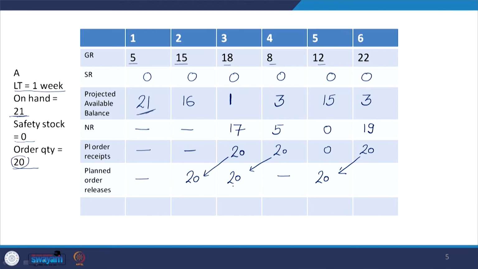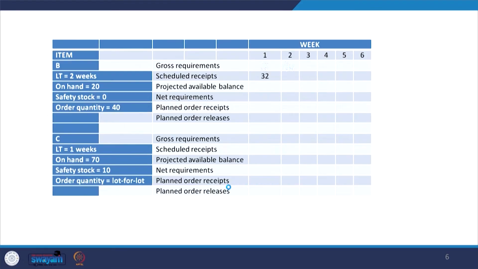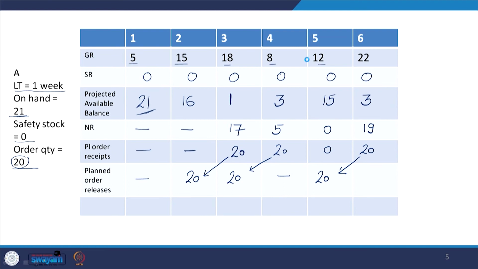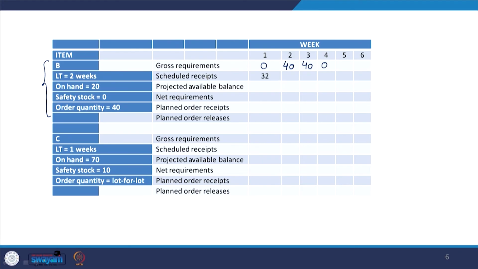Similarly, if you see in week 3 you are making 20 A, and that means in week 3 also you will make 40 B. Then week 4 you are not making any A, so week 4 is 0.